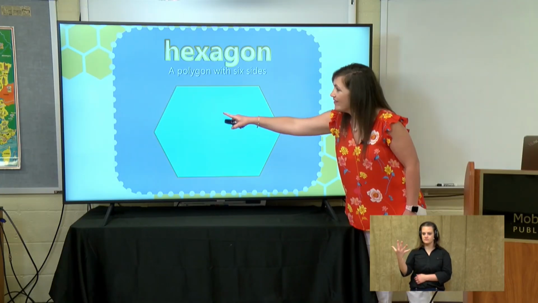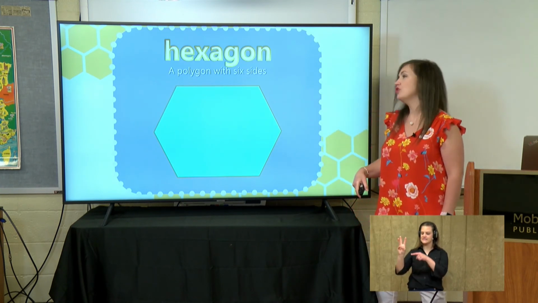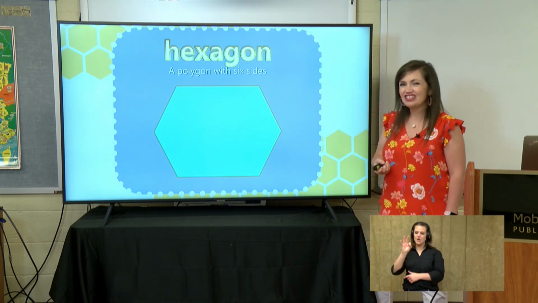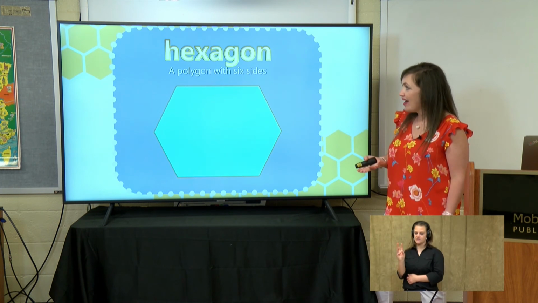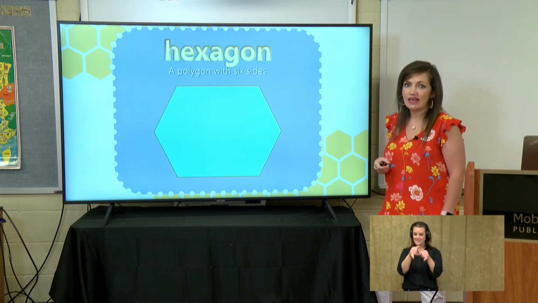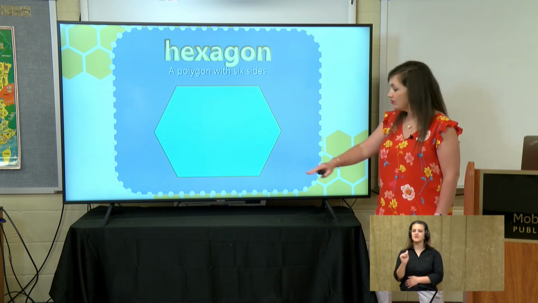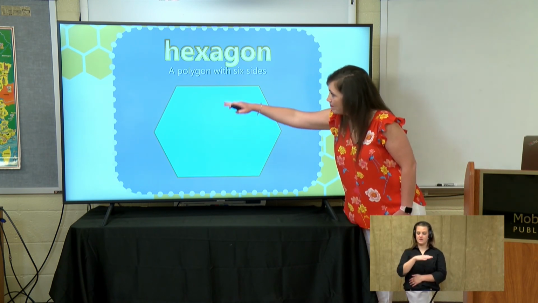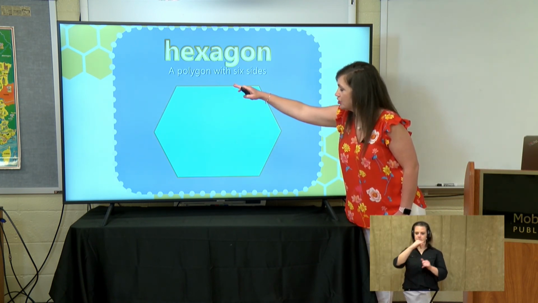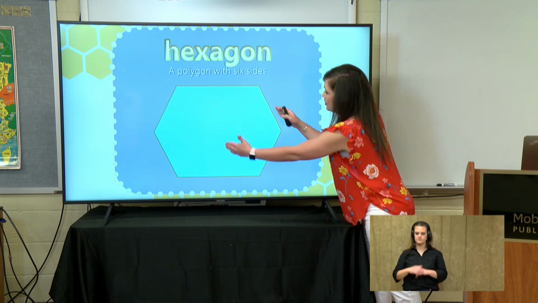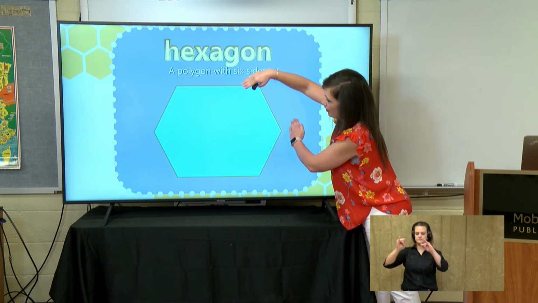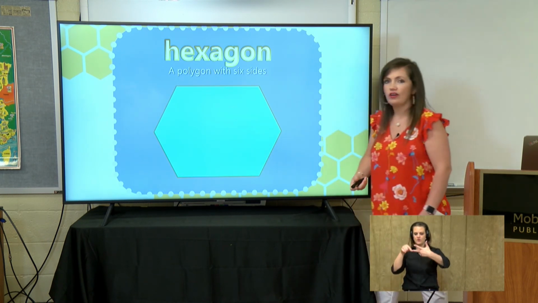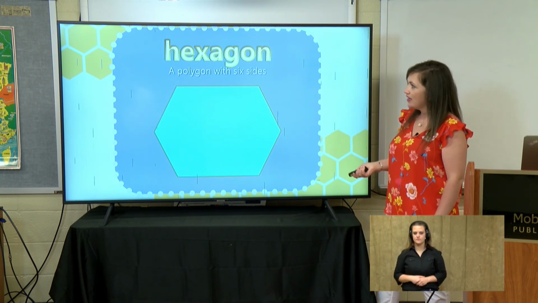Yes, we see 1, 2, 3, 4, 5, 6 obtuse angles and 6 sides, right? All right, do we have any parallel lines in this hexagon? Absolutely. We know this top and bottom run parallel to each other, as with these 2 sides and those 2 sides.